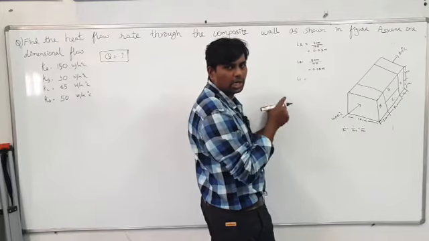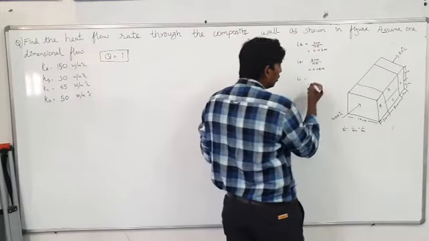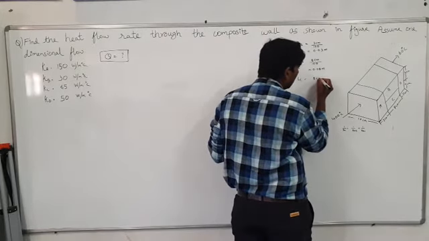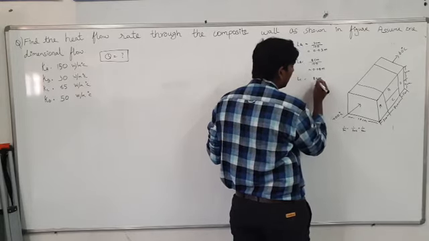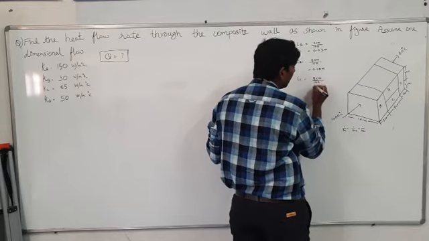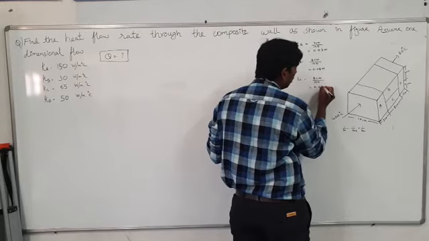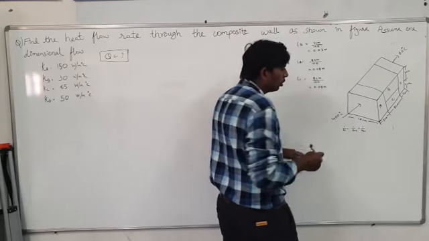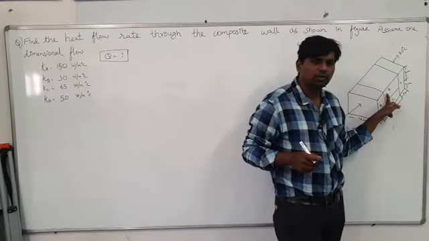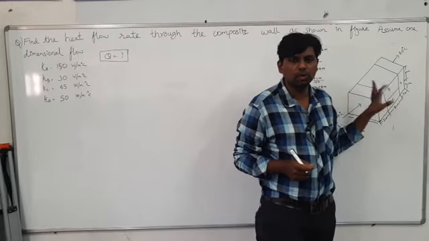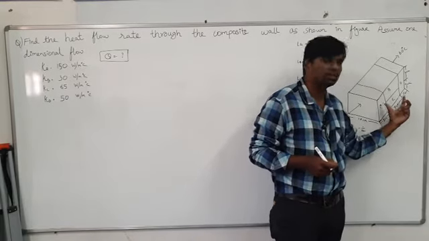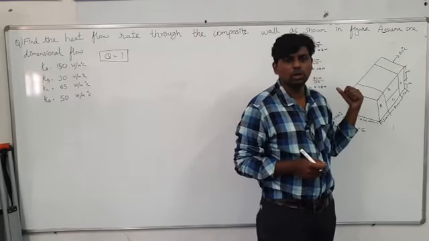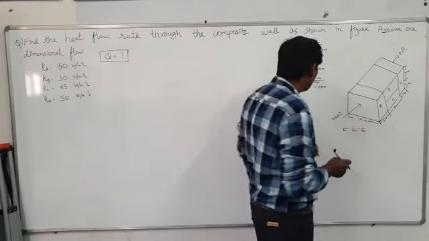LC and LB are both parallel to each other, so here also 8 centimeter. 8 centimeter divided by 100 will become 0.08 meter, because, as you can see in the figure, LB and LC are parallel to each other. Whatever length C has, the same length B also has, so you take 8 centimeter.